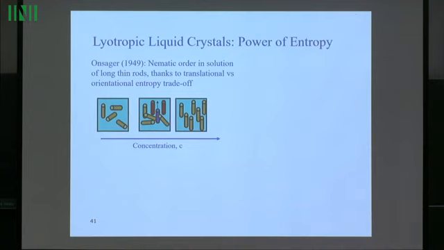He demonstrated that as the concentration goes beyond some critical value, the material becomes nematically ordered, so it loses orientational entropy, but it gains the entropy associated with the freedom of translational motion.